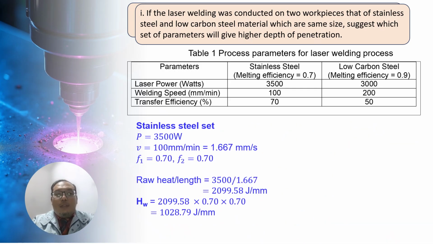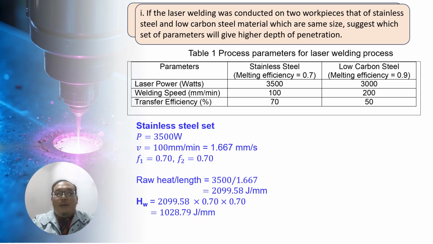We start by calculating HW for the stainless steel set. Given P equal to 3500 watt and the speed V is 100 mm per minute, we need to convert to mm per second, which is 1.667.